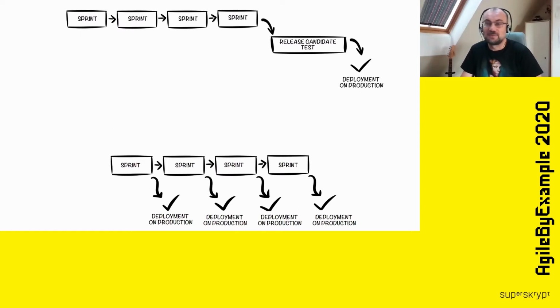So in fact, the game was about switching from the top image to the bottom one. So we started our work on aiming for this bottom picture when the project was quite advanced, when teams were at sprint 8, when there was one initial deployment on production before, and then we started to think, okay, how to deploy it during every sprint.